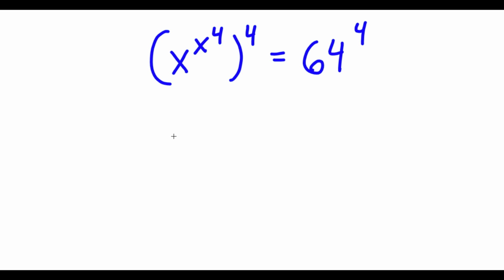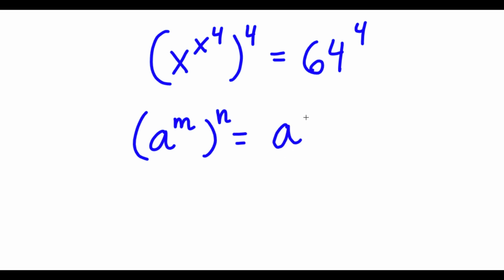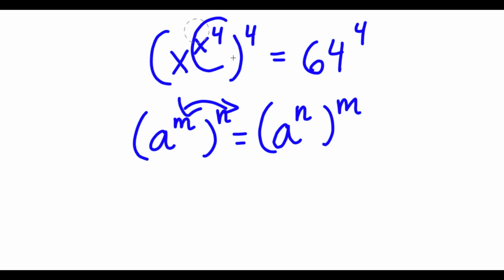Now, if I have something in the form a to the power of m to the power of n, this is the same thing as a to the power of n to the power of m. So I can switch the places of m and n here. In this case, we can think of x to the power of 4 as m and 4 as n.